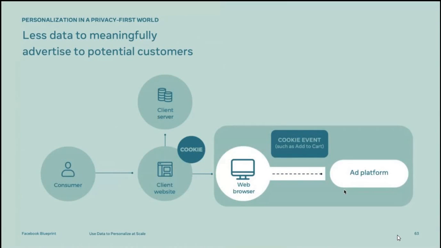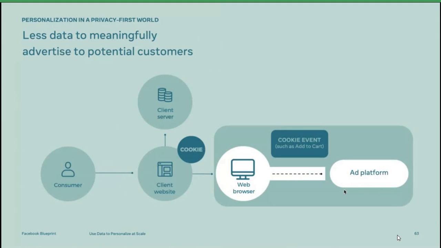These changes will impact publishers and many other businesses in a world with limited cross-site measurement. Businesses will have less data to use to meaningfully advertise to potential customers. So let's first understand the current flow of data. First, a person opens a browser and visits a website, and if they take a specific action on the website, like a purchase, this action triggers a cookie event.